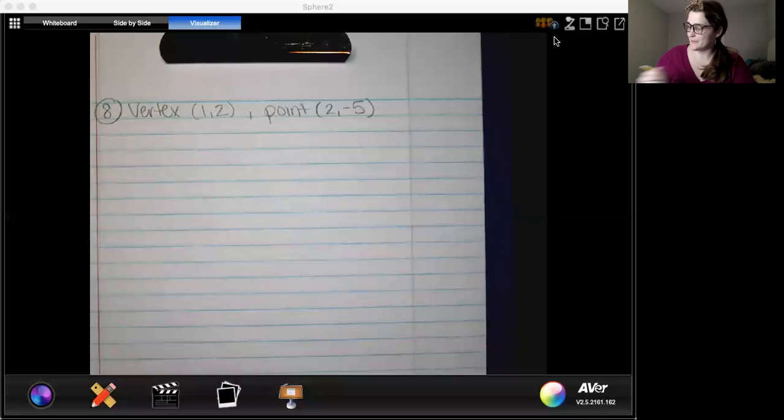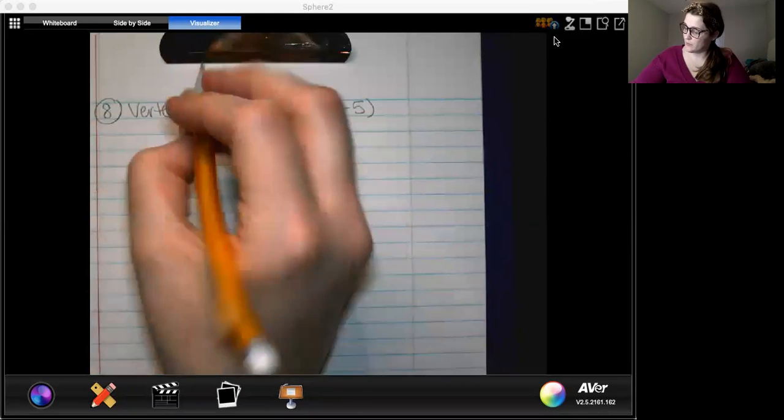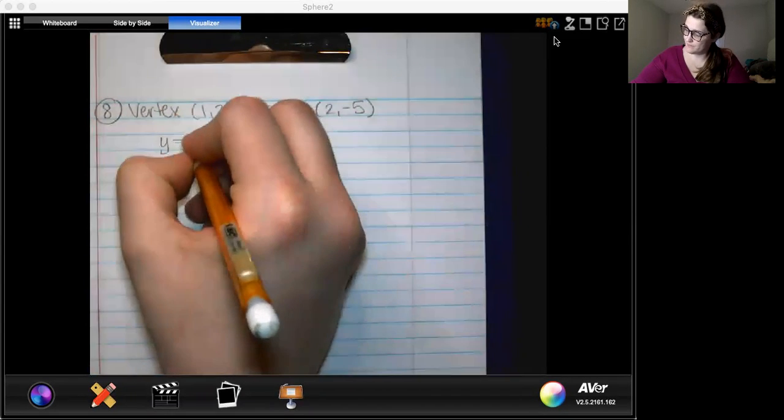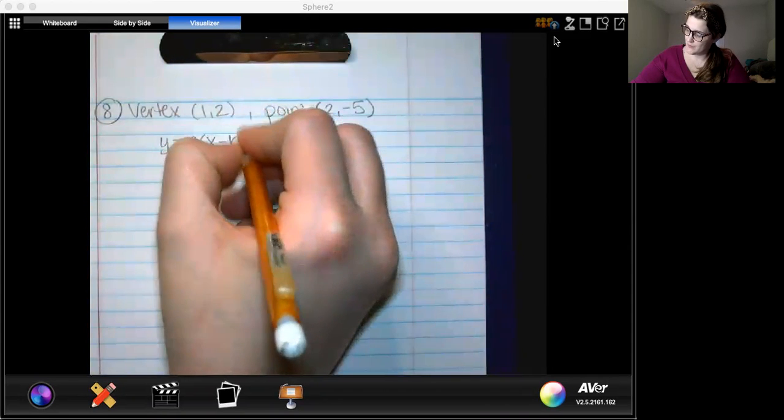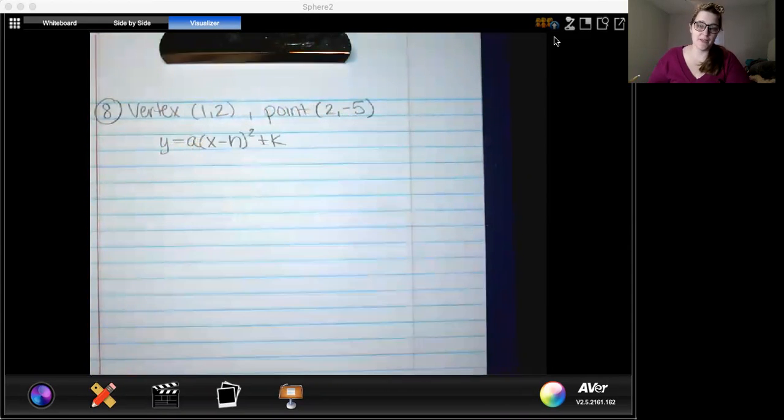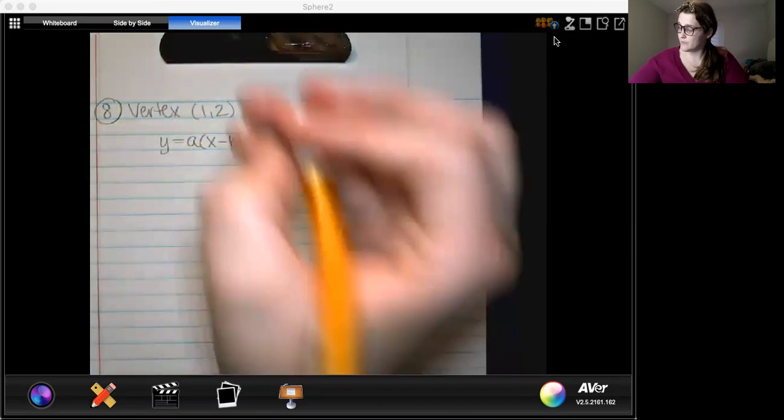Let's try number 8. We're always going to start by writing the vertex form as our step 1. Step 2 is where we substitute h, k, x, and y.